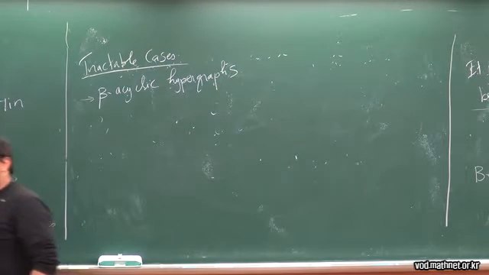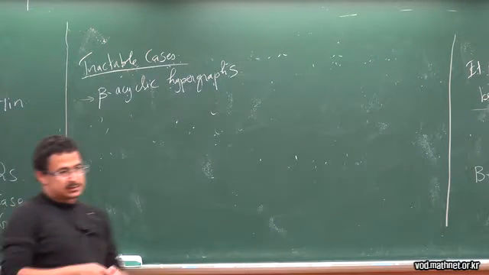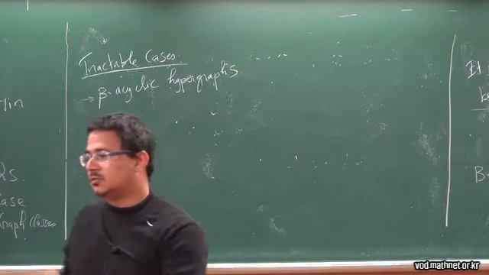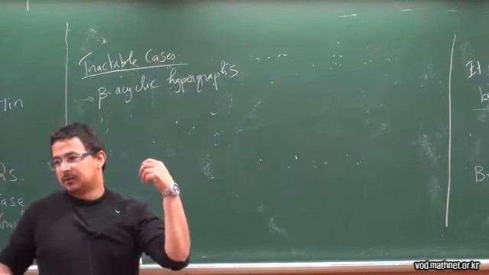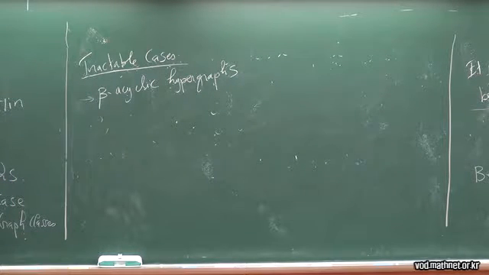Beta acyclic is a notion of acyclicity in hypergraphs. There is a way to remove one by one the vertices and the edges of your hypergraph until you reach the empty set. And the rule is simple: if a vertex is in only one hyperedge, then you can remove it, and if a hyperedge is included in another one, then you can remove it. If you do that, you have the alpha acyclicity notion.